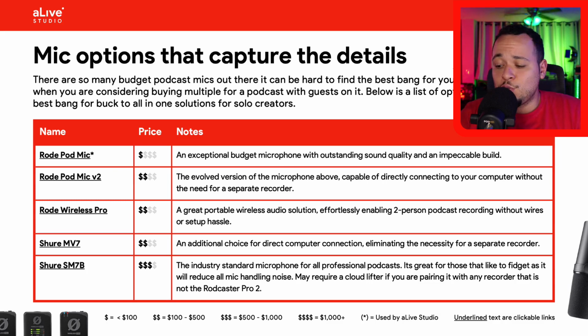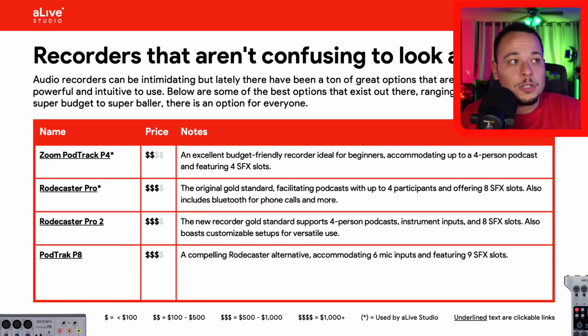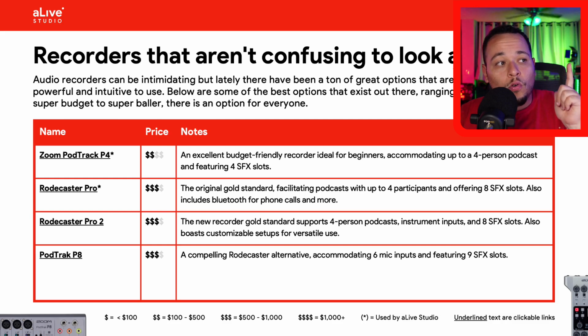The only thing with the Shure SM7B is that you may need a Cloudlifter depending on the recorder that you're using. For the recorders that I was talking about before, I can page back. You would need a Cloudlifter if you were using the Shure SM7B with the PodTrack P4, the Rodecaster Pro V1, or the PodTrack P8.